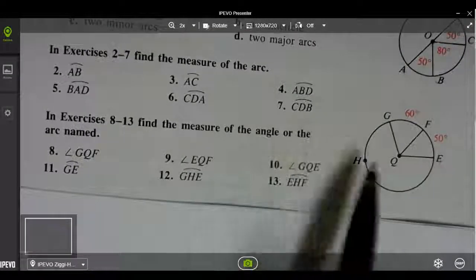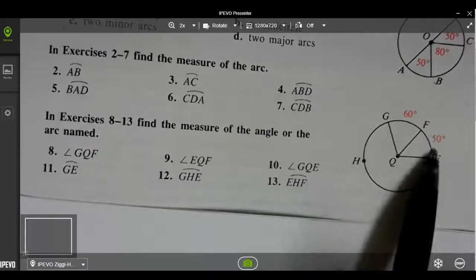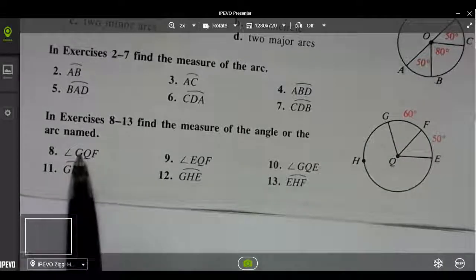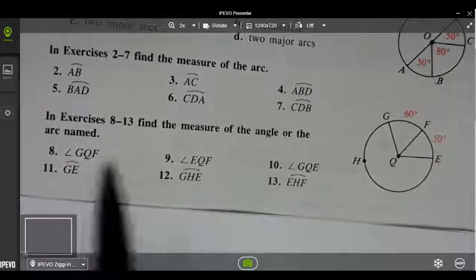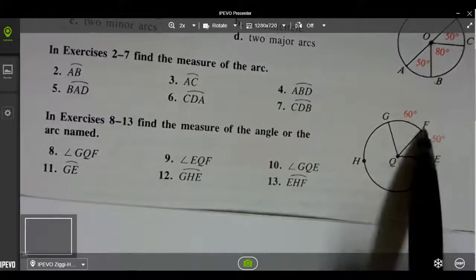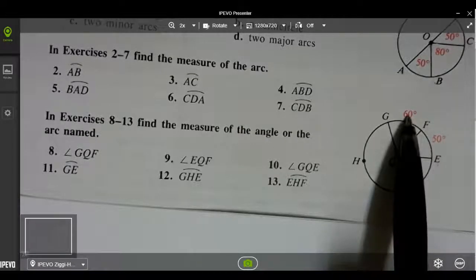Here we are asked to find the measure of the angles. We are given the measure of the arcs. Again, the arcs are related to angles. So angle GQF is going to be the same as the arc, so it's going to be 60 degrees.